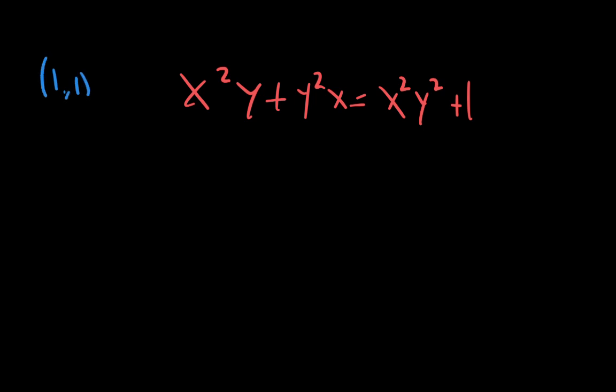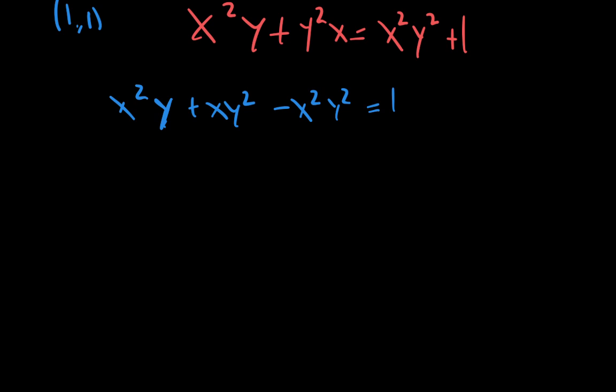Sometimes expressions can be quite hard. Let's say we want to find the slope and tangent line through the point 1, 1. We can rewrite this, and then we can differentiate.